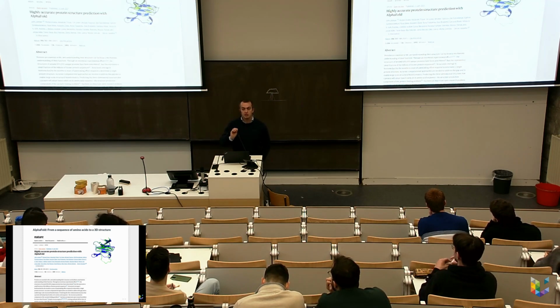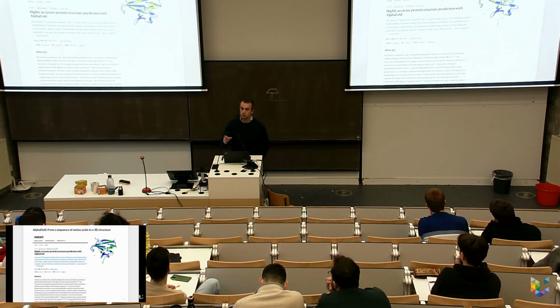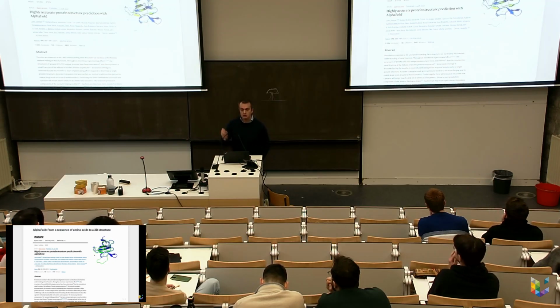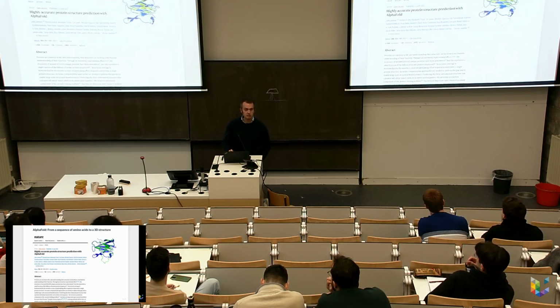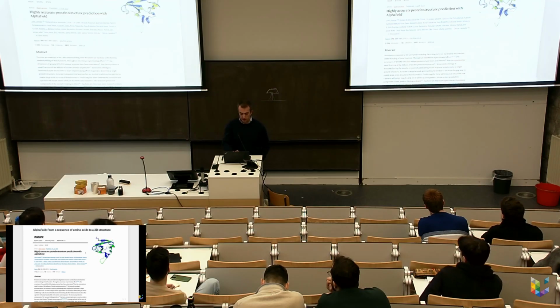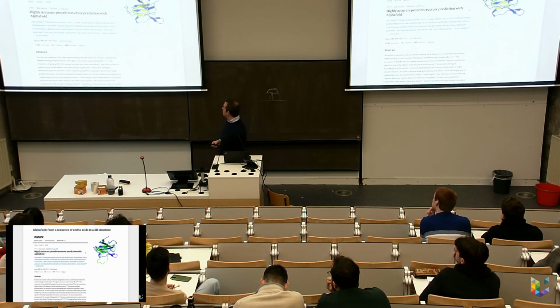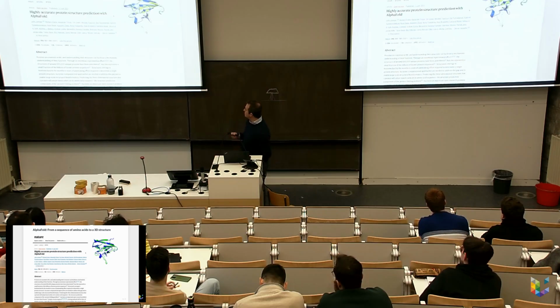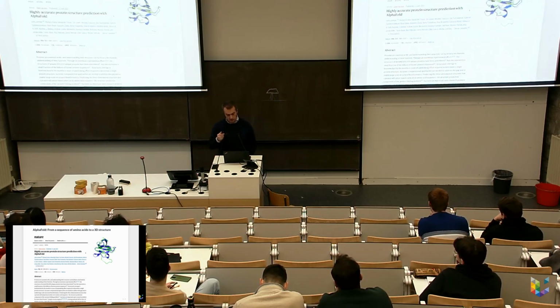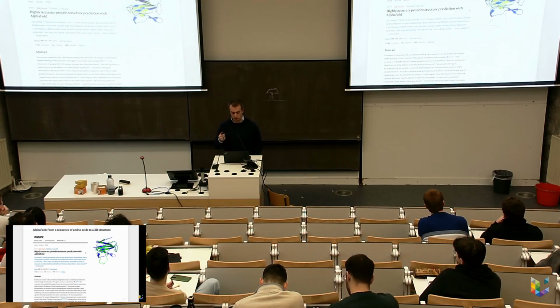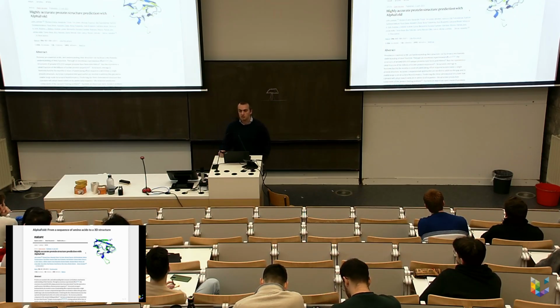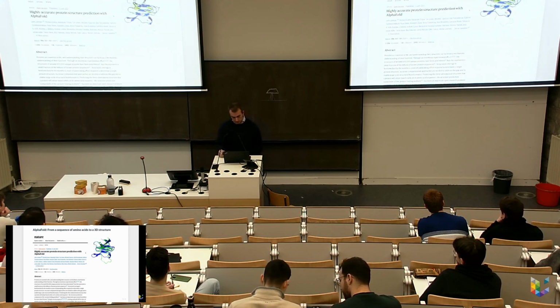And why is it important to determine or to understand the shape of a protein? Because it's the shape of a protein which gives it function. If you understand the shape, you understand what it does. Okay? But for very long, the way we could try to determine the shape of a protein, of a sequence of amino acids, was by doing very expensive and long experiments in a wet lab, or using various expensive instruments.